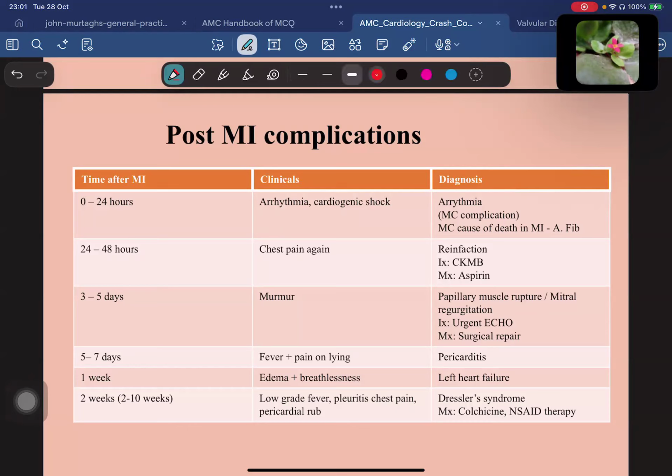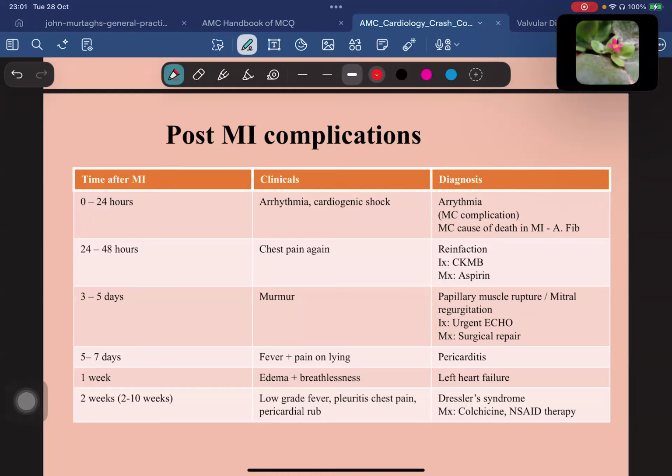This is something that helped me, so I made this table to remember. You just remember time after MI. If it's very immediate, like 0 to 24 hours, and the ECG is showing arrhythmia signs, it could be an arrhythmia.